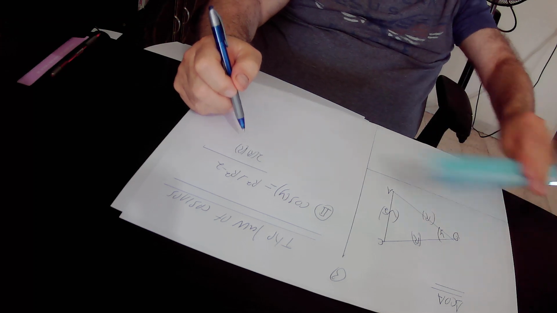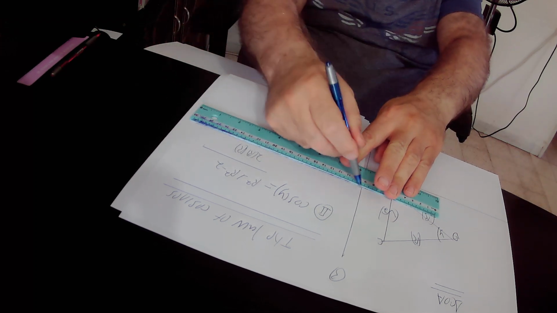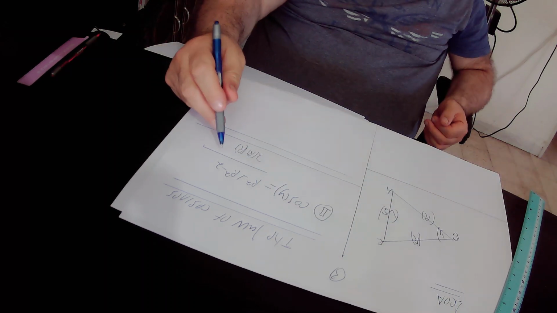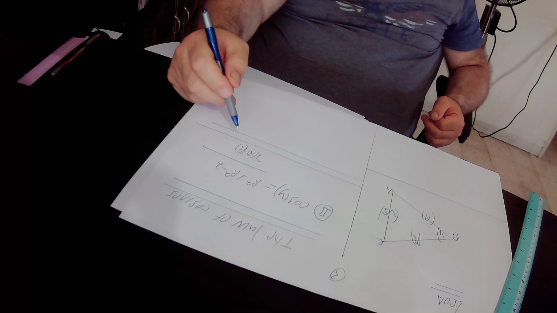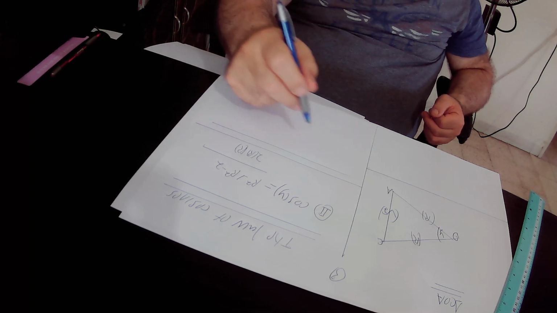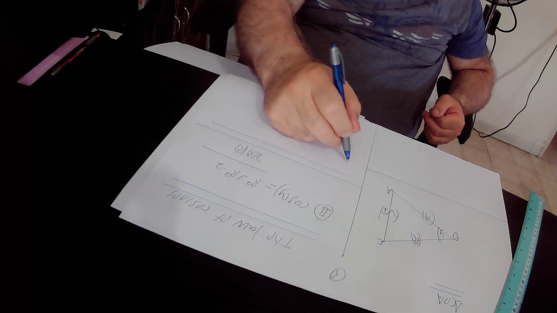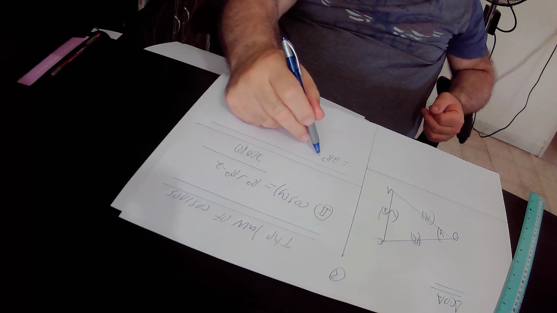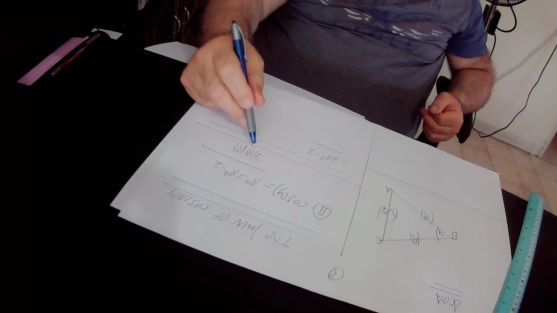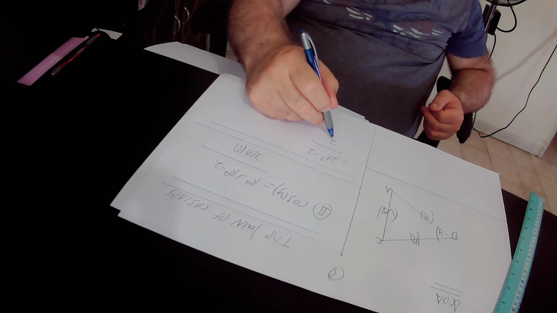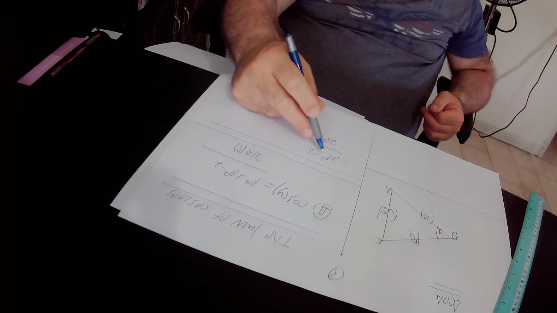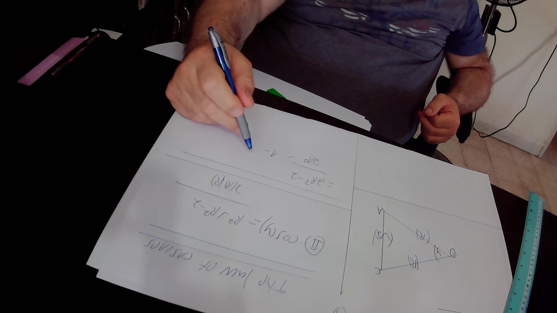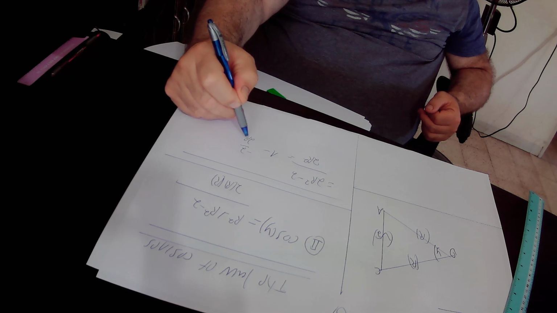So according to equation 2, we found out that cosine y equals R squared plus R squared minus 2 over 2 times R times R. R squared plus R squared is 2R squared, minus 2, divided by 2R squared. 2R squared over 2R squared is 1, and we have also minus 2 over 2R squared.